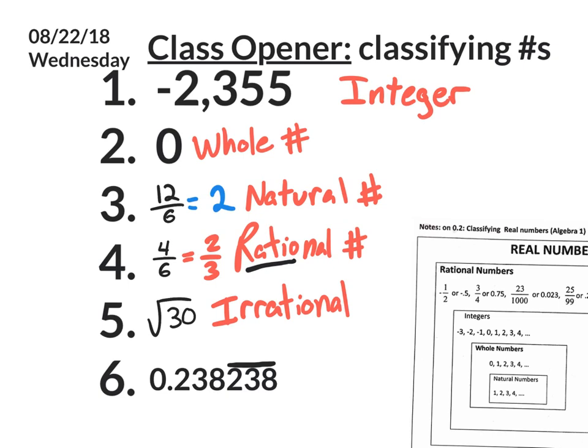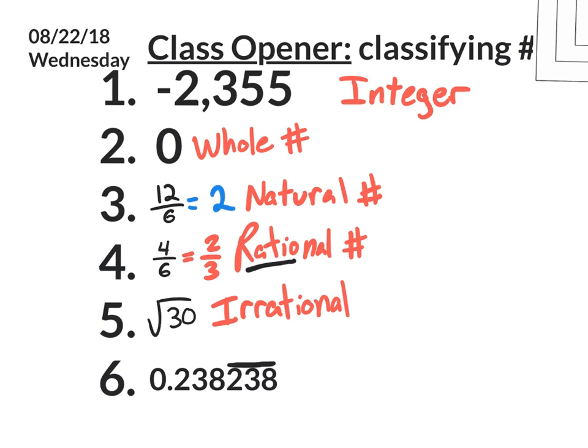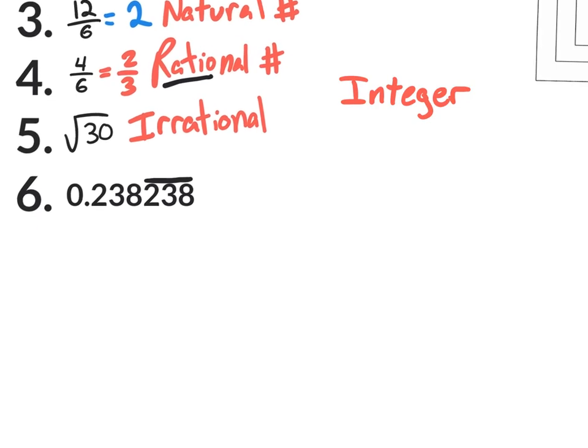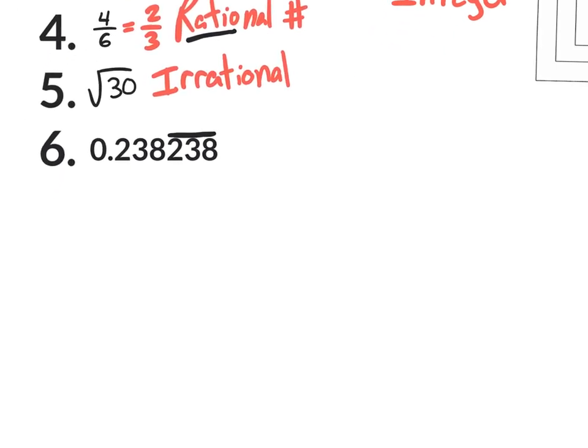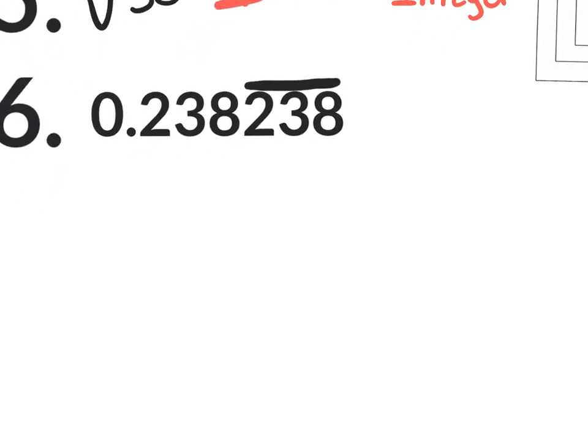Why do I say it's not that crazy? Because it repeats. So believe it or not, we could convert that ugly decimal to a fraction. Let me make some space to show you how to do that. The trick is, and you don't have to know this, but it's a cool little math trick. When you look at the numbers that are repeating, the 238, that's what's repeating. Then think about the position of the numbers.